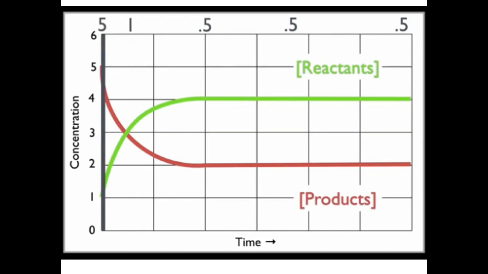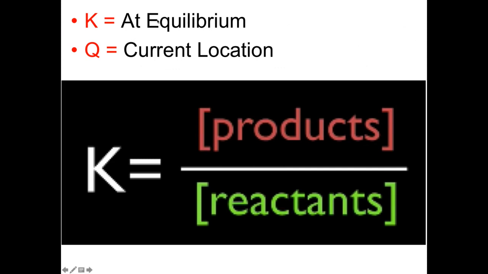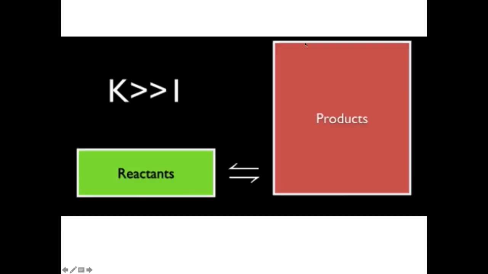What's going to happen is that at equilibrium the ratio is called K, and Q is at your current position. So you can indicate where you're at, and that can tell you where the reaction is going to go, because the goal of the reaction is always to get back to equilibrium. So look at the K numbers.